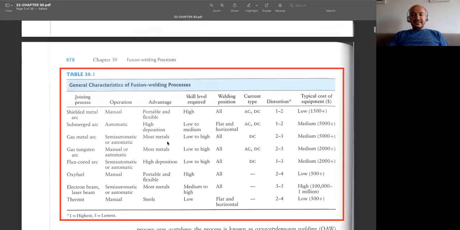And we have a table here, as in the case of other chapters. It's a nice summary of the processes we are going to discuss in this chapter. And we'll be discussing all these welding operations.